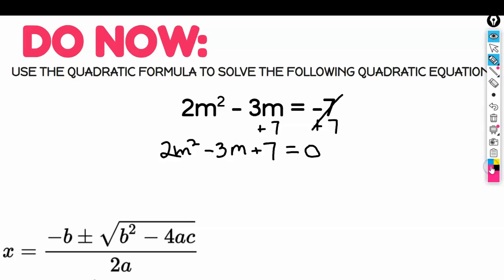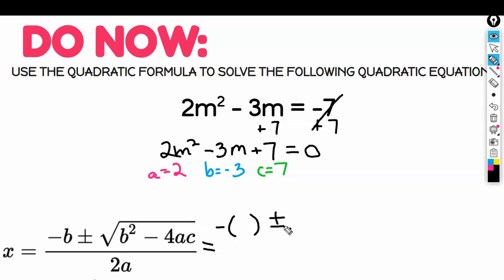Now that we have this equation equal to 0, I can identify A, which is 2, B, which is -3, and C, which is 7. And remember that when we plug A, B, and C into our quadratic formula, I am just replacing the letters with parentheses.